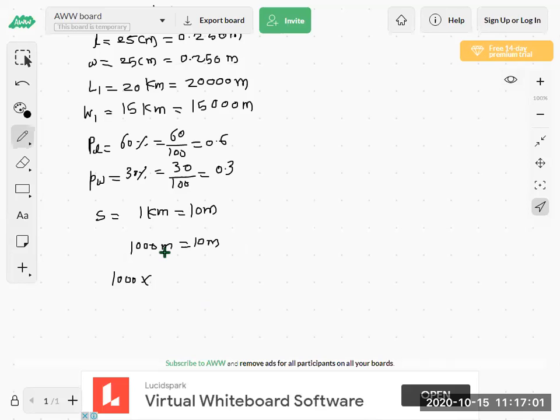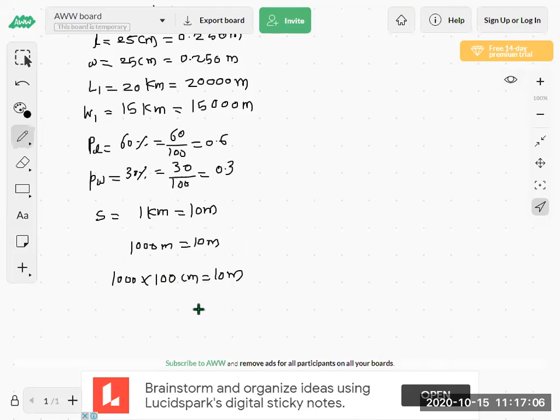So here 1000 meter is there, and we have to convert it into centimeter. Are you getting?